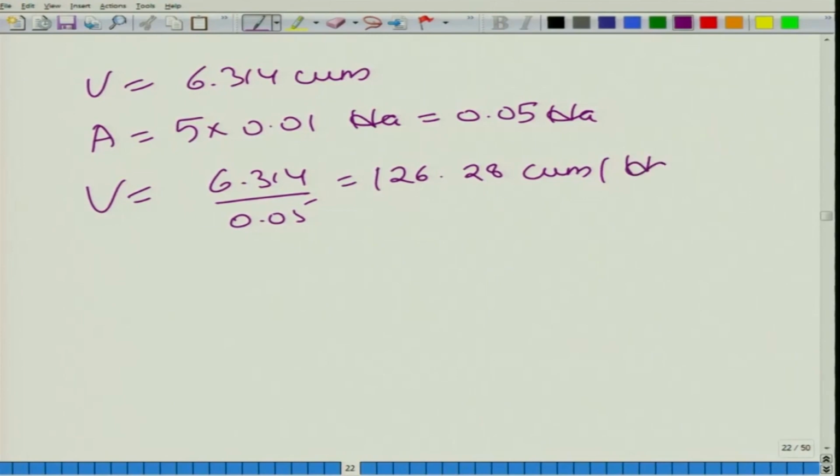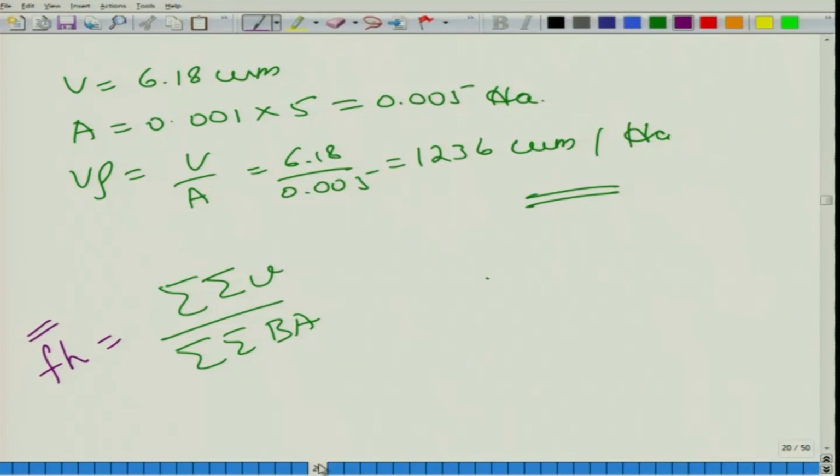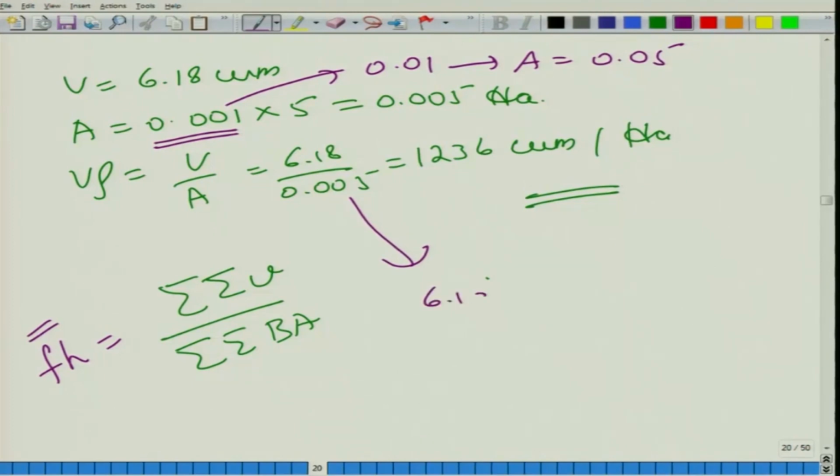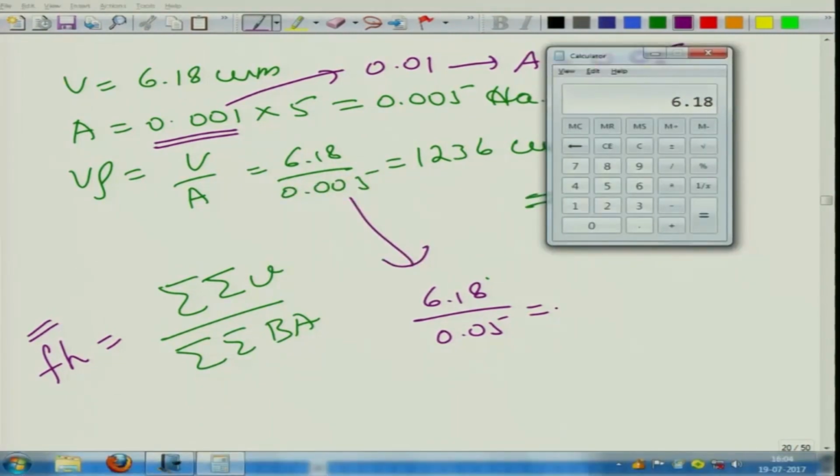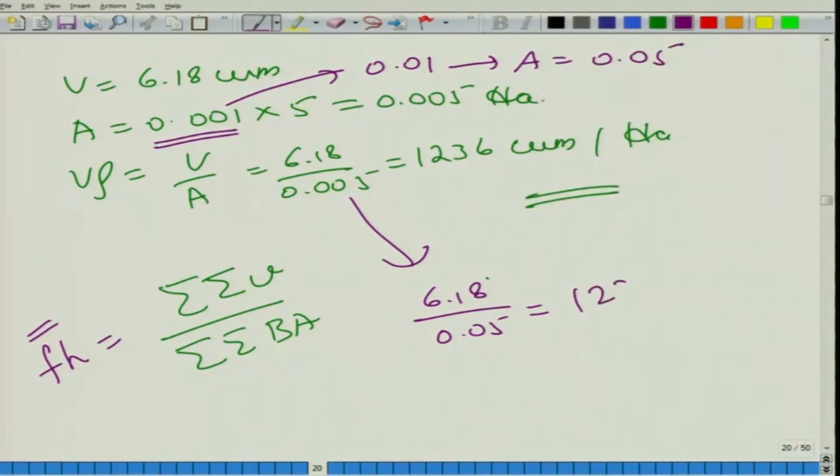cubic meter per hectare. Now, remember that in the previous question we had computed the same thing. Here we had the area of a sample plot as 0.001. So, if we use the value of this question, 0.01, then we will have area equal to 0.05, and we will have this volume figure as 6.818 by 0.05, that will be 123.6.